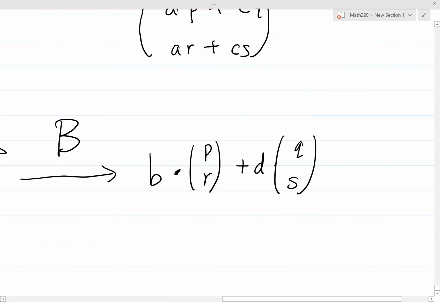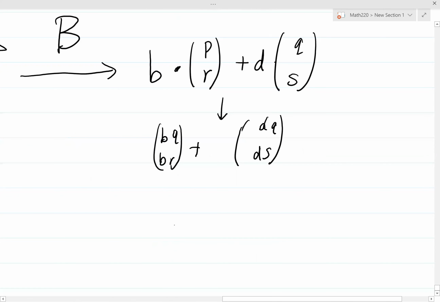So if you write this again, it will be BQ, BR plus DQ, DS. Add them together component-wise. BQ plus DQ, sorry, this will be BP, and BR plus DS.